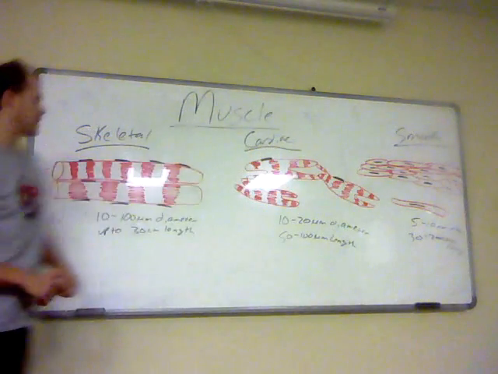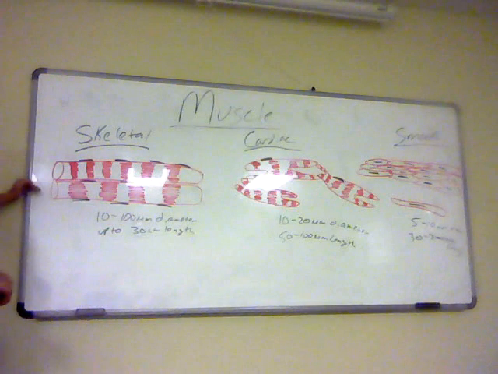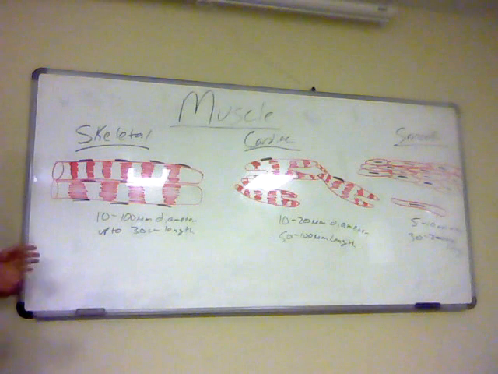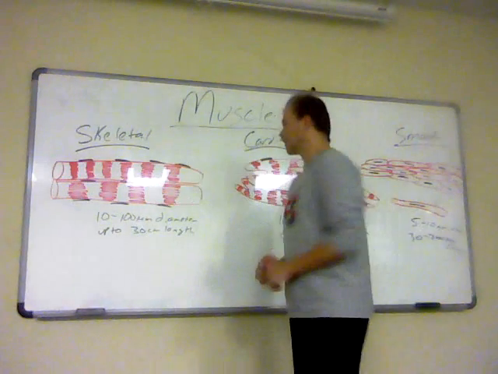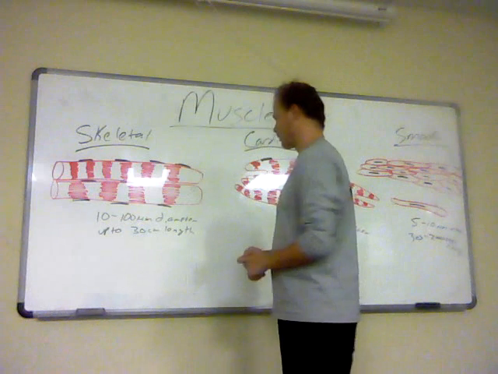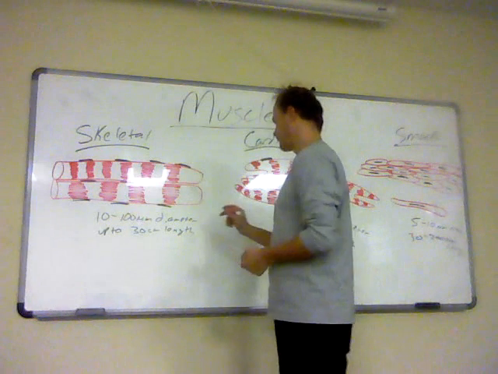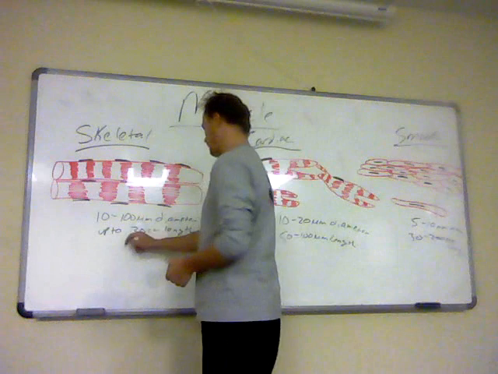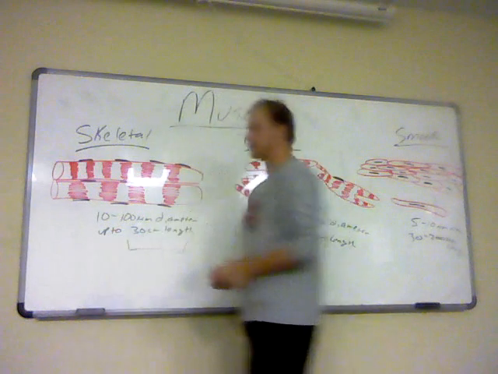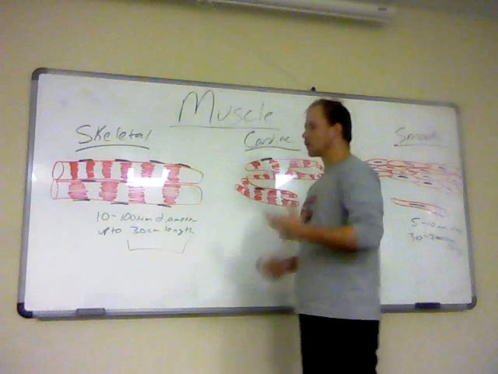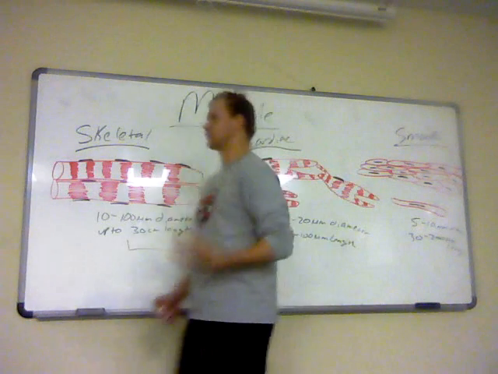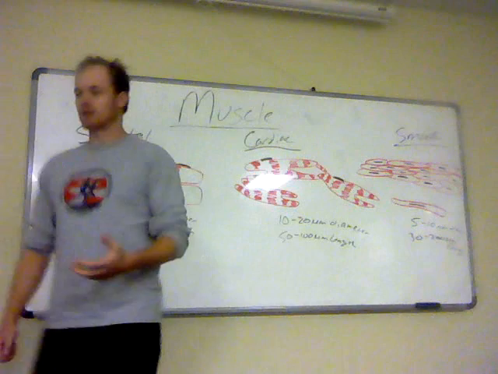So, for example, you can see skeletal muscle here. Skeletal muscle is, remember, the longest type of muscle cell. In terms of length, skeletal muscle cells can be upwards of 30 centimeters. A good way to think of the length of a muscle cell is to think of a muscle itself.